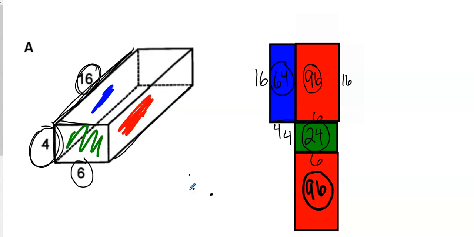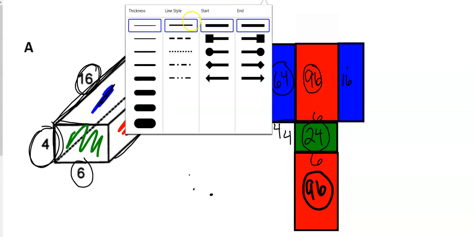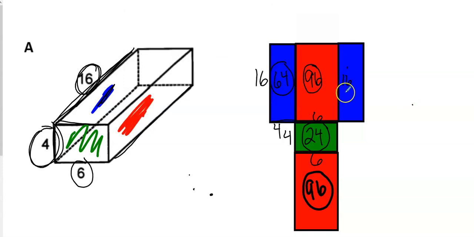All right, and so now here I'm going to go ahead and draw to the right. So I have the blue part here, which is our left right here, and I'm going to draw another one here to the right. And because it's congruent, I know that this is also going to be 64 square units.